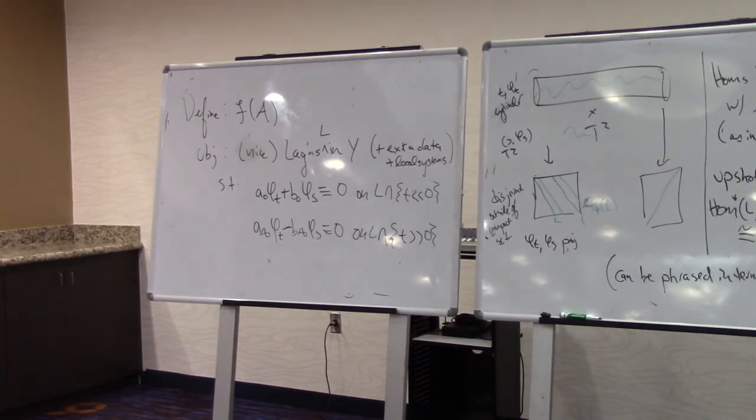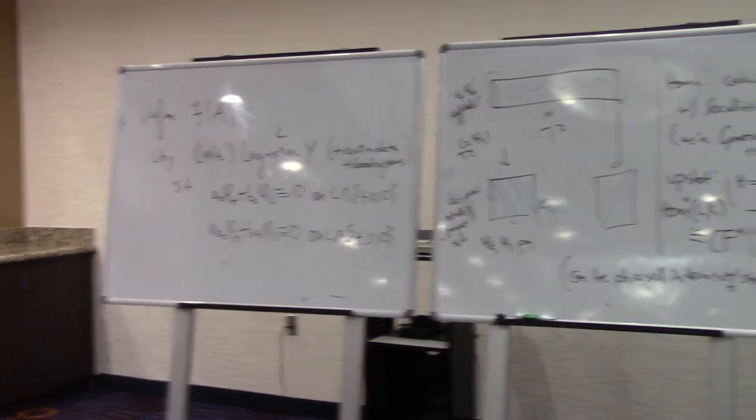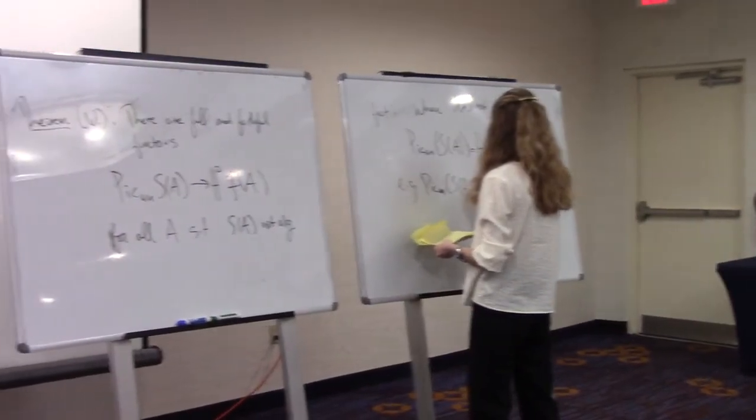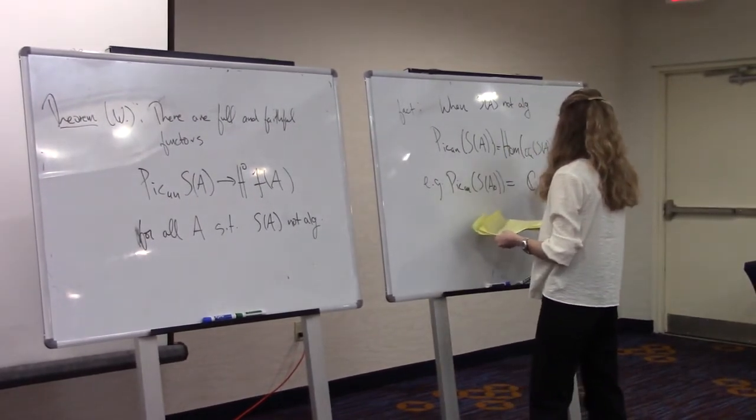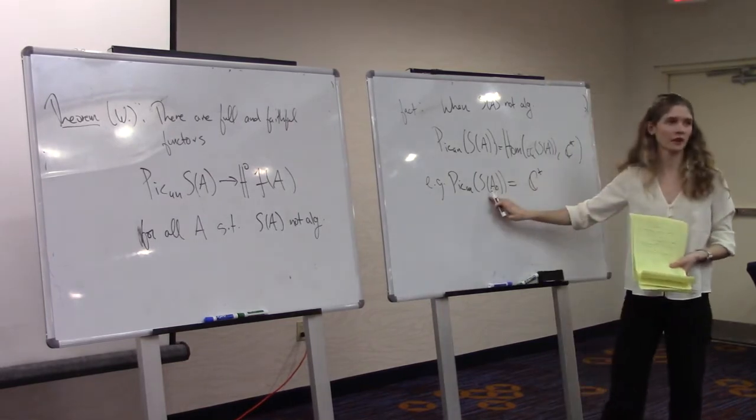Okay, so how does this work for the Hopf surface? So the analytic Picard group of the Hopf surface, so again this S_{A naught}, is equal to C star, because recall that this thing is just S1 times S3.